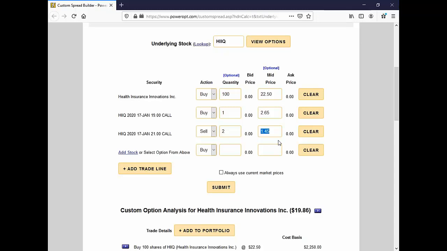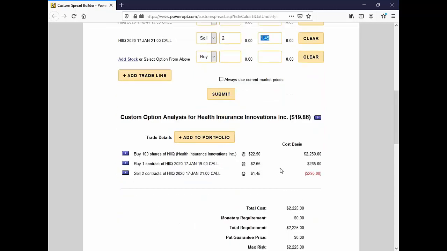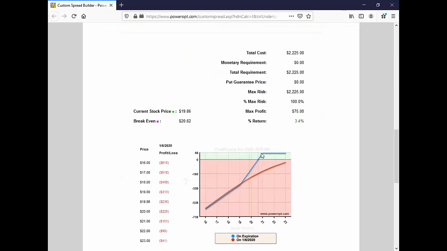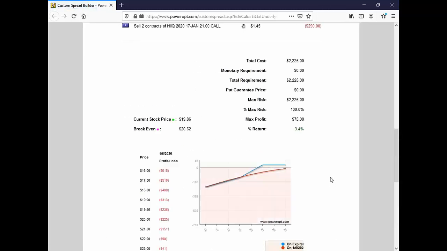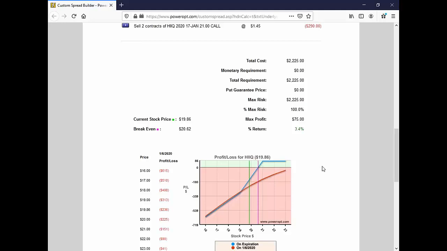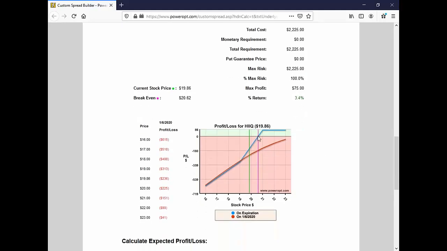There's my 25-cent net credit for the options transactions. And there's my break-even. I'm sorry, this didn't finish loading before I moved. Fantastic. There's my new break-even at $20.62, just about $2 below my cost basis, and I could still make 3.4% in the next 40 days if it goes above 21. That's the magic of the stock repair.